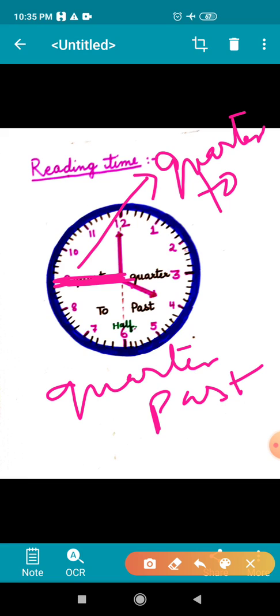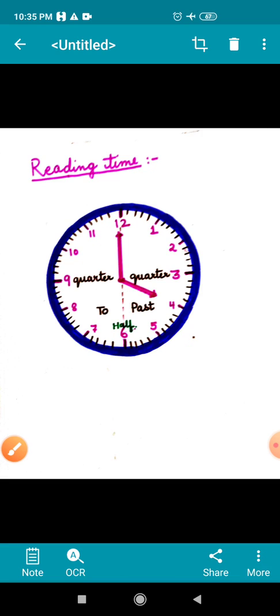And when the minute hand is on 6, the time is read as half past.